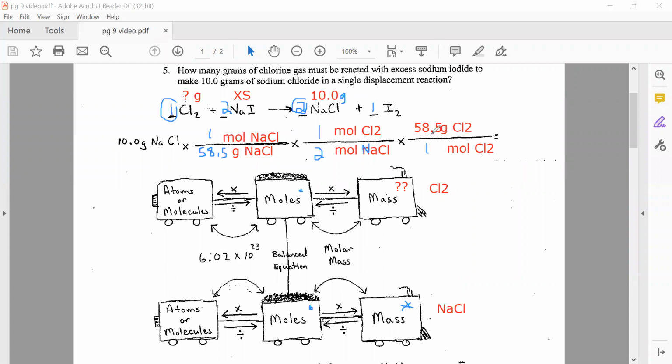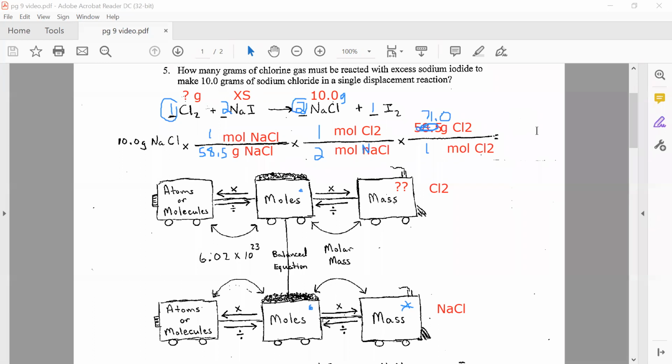So I'm sorry, that's not the right molar mass of NaCl, and I did this backwards. The molar mass of Cl2 is 71.0. I think I kind of messed this whole thing up. Let's retake a look at it. So I started over here with the molar mass of NaCl, 58.5. I end with the molar mass of Cl2, which would be 71.